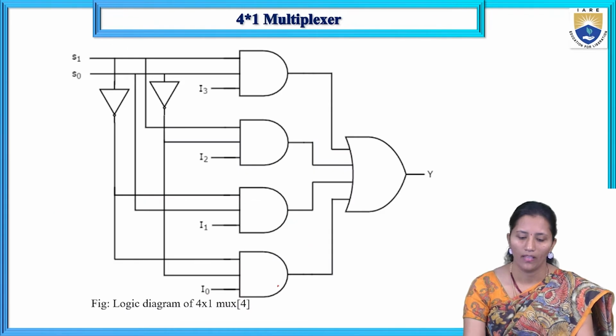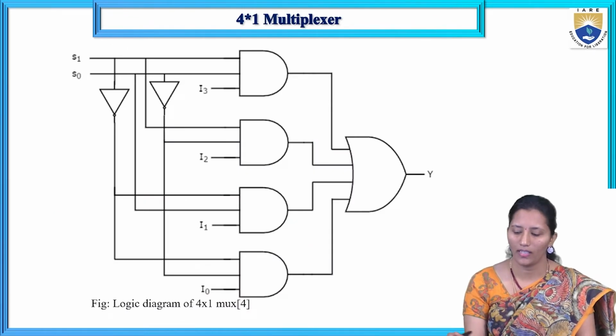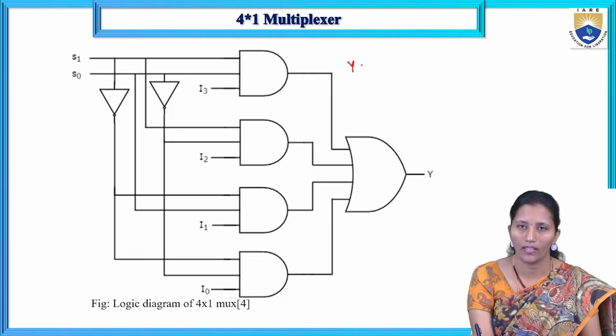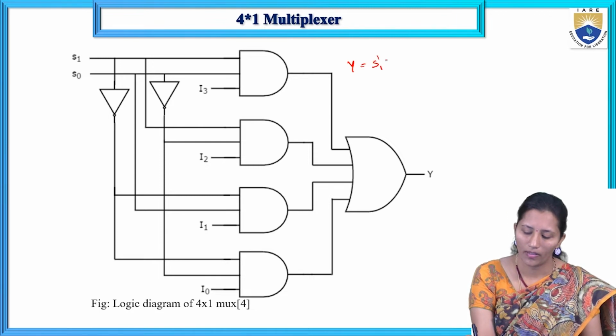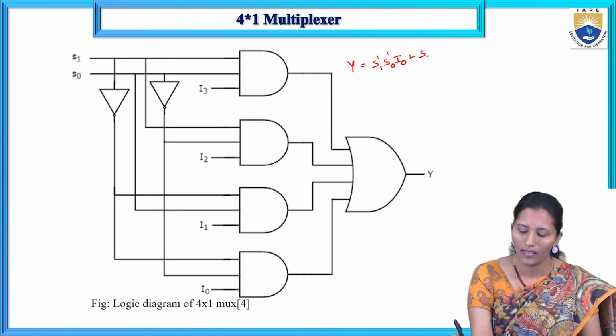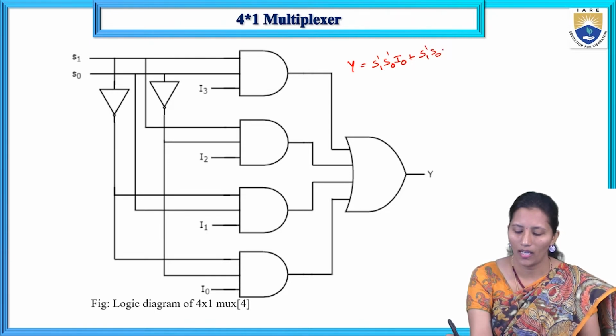So if we see this equation, y is equal to S1 bar S0 bar I0 plus S1 bar S0 I1 plus S1 S0 bar I2 plus S1 S0 I3.